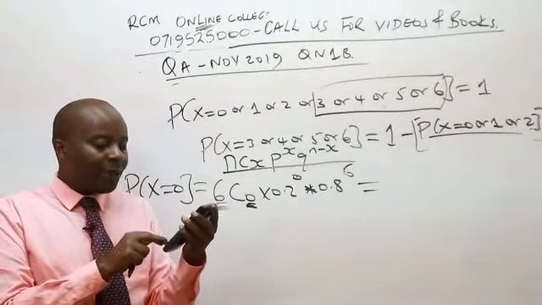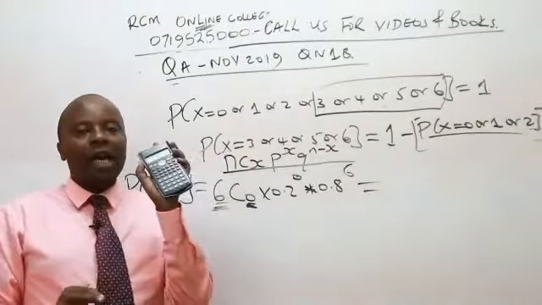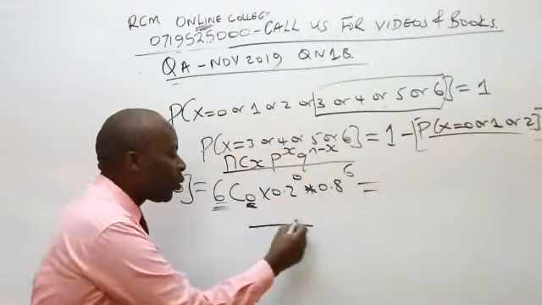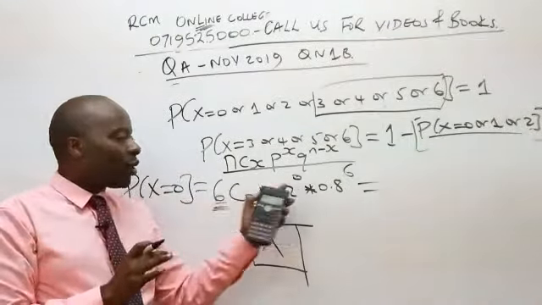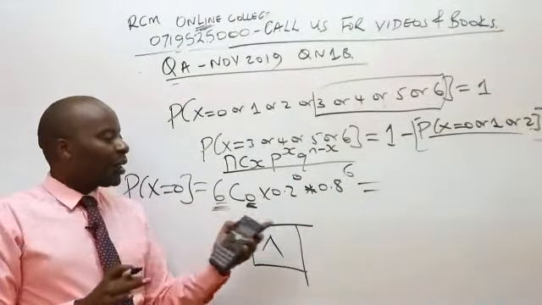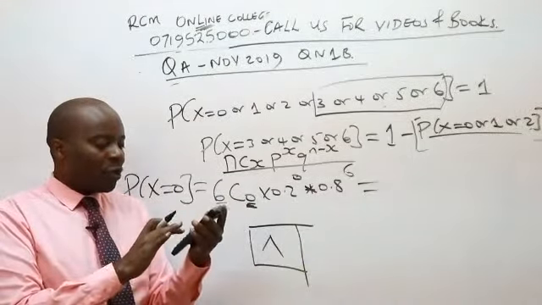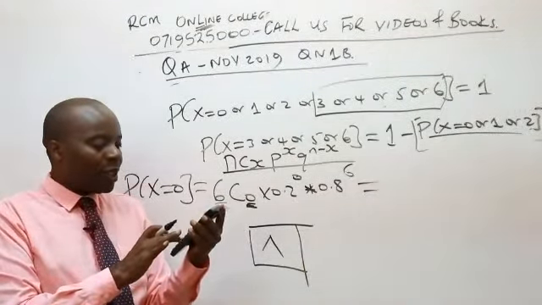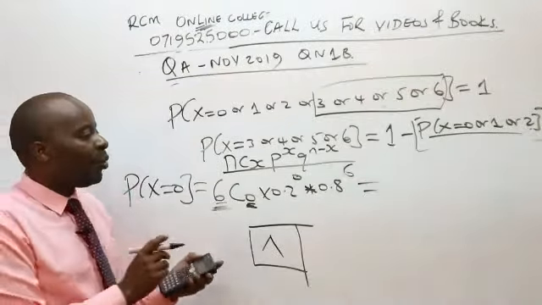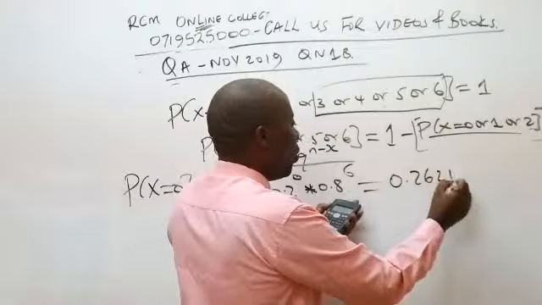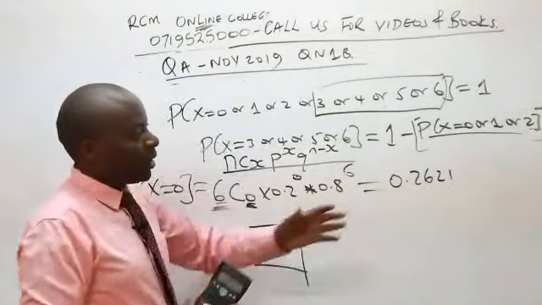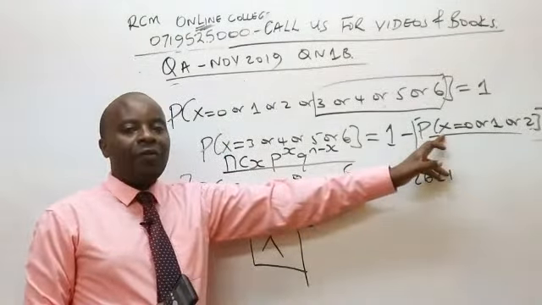And then times 0.2 raised to, I hope you're able to see the raised; in some calculators, raised is like this. So raised to what here? To 0. Then times again 0.8 raised to power what here? Power 6. So ladies and gentlemen, what figure am I getting here? I'm getting 0.2621. So this is the probability of the first event.